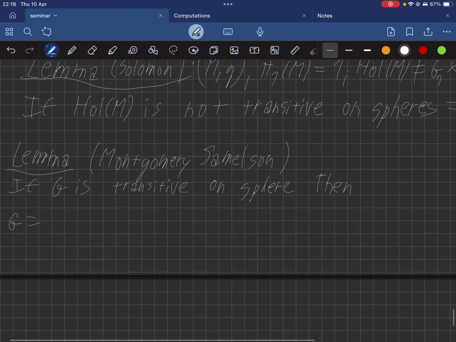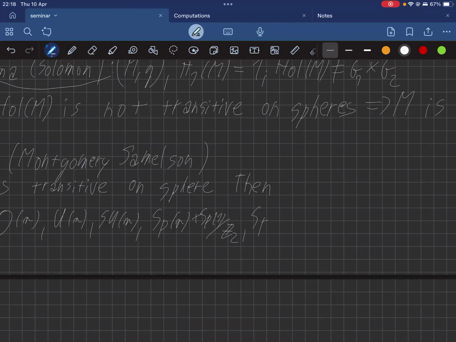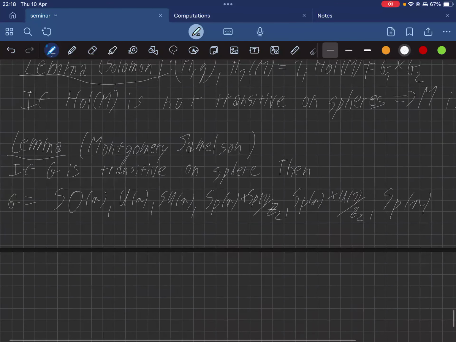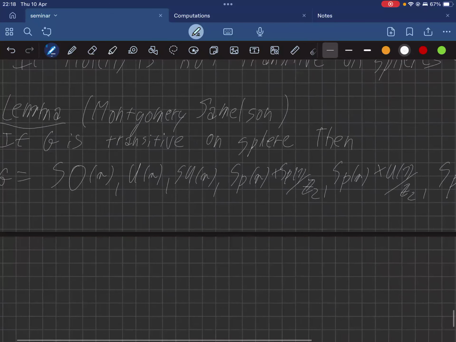It's either one of these infinite families: SO(n), U(n), SU(n), Sp(n) times Sp(1) over Z2, Sp(n) times U(1) over Z2, or Sp(n), or it's one of the exceptional cases, which there are only 3 in this case.